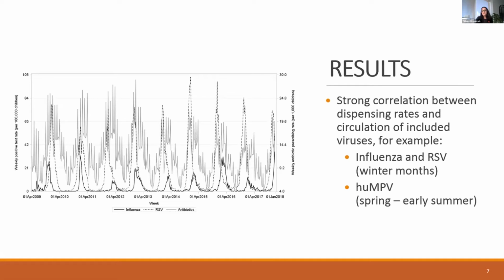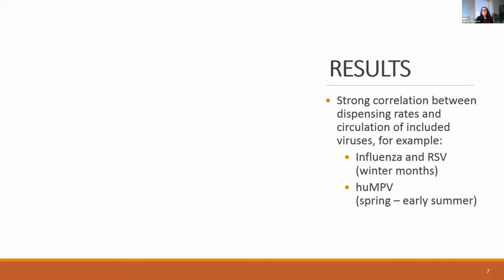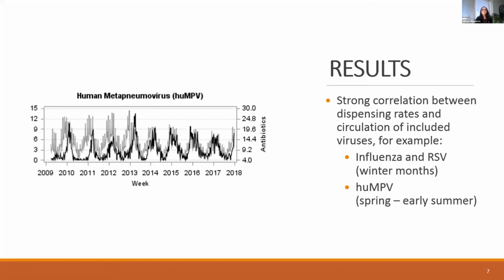So if we just look at this, we're going to underestimate the proportion of antibiotics that could be attributable to these respiratory viruses. And to provide an example of what I mean, we included human metapneumovirus, and this is something that peaks in the spring and early summer. So we see here that this virus does a pretty good job of reflecting those peaks in antibiotic prescribing that happen in other months of the year.